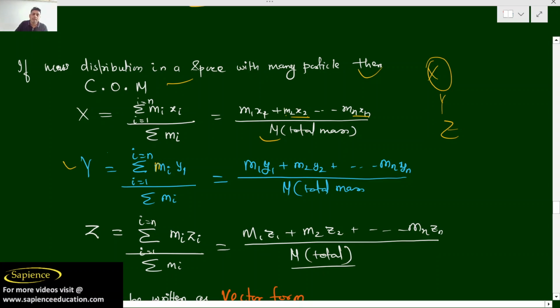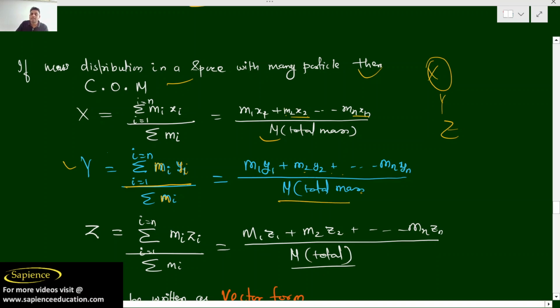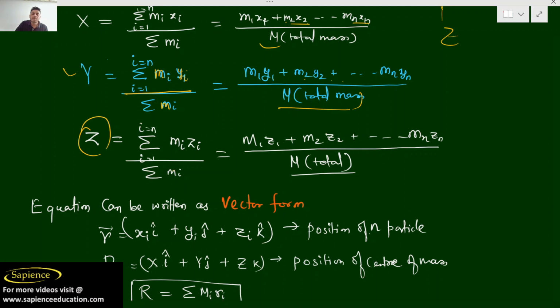The summation of mi yi, with i starting from 1 and ending at n, divided by the summation of all mi. So (m1 y1 + m2 y2 + m3 y3 + ... + mn yn) divided by the total mass. M is your total mass. Similarly, if you want to find z, you have to use the same formula, that is the summation of mi zi divided by the summation of mi.